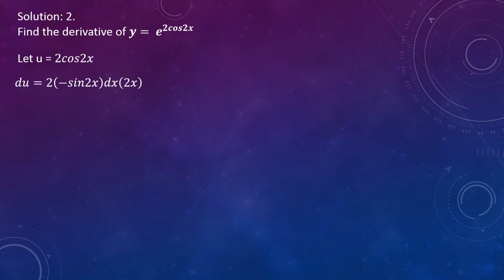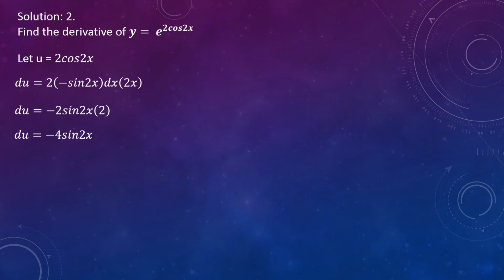So du is equal to 2 times negative sine 2x, which is negative 2 sine 2x, times the derivative of 2x, which is 2. Then finally, du is equal to negative 4 sine 2x.